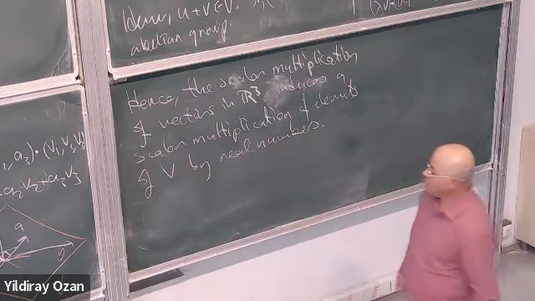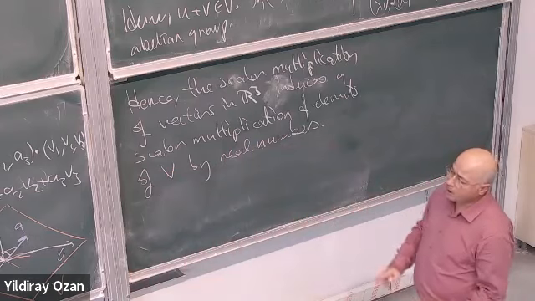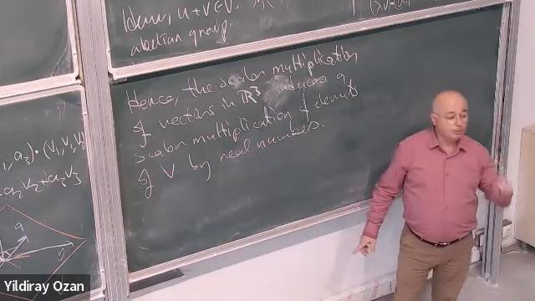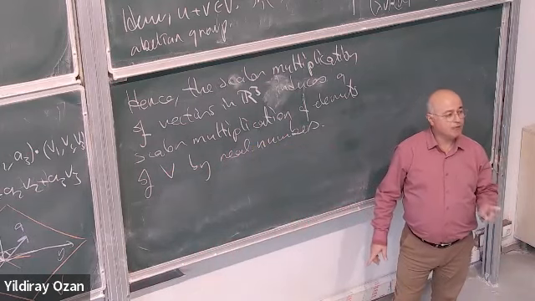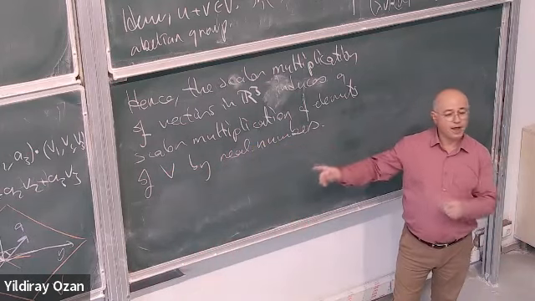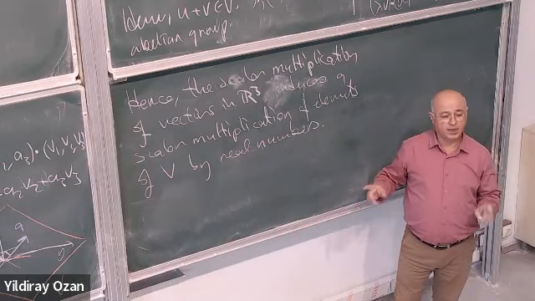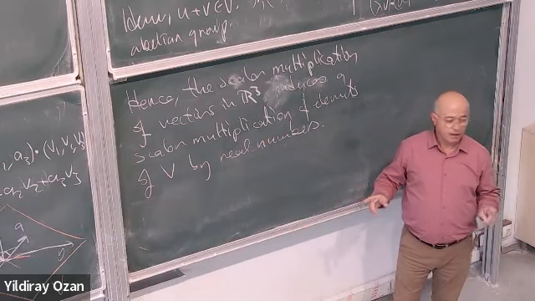Alright, so the third property, that these operations are compatible, I don't need to prove that. Why is that? Because we already proved that when we were showing that R3 is a vector space, right?